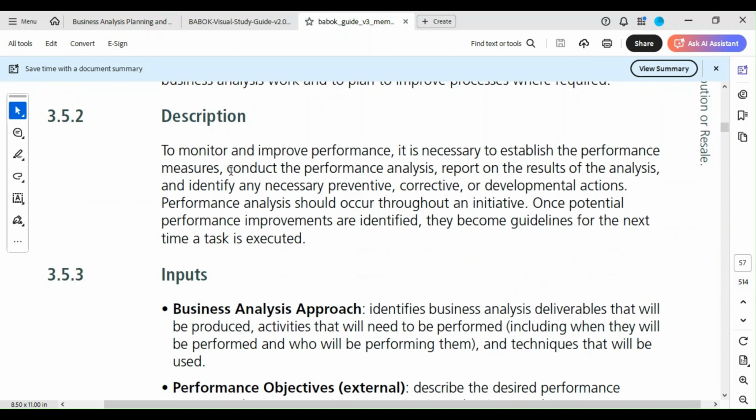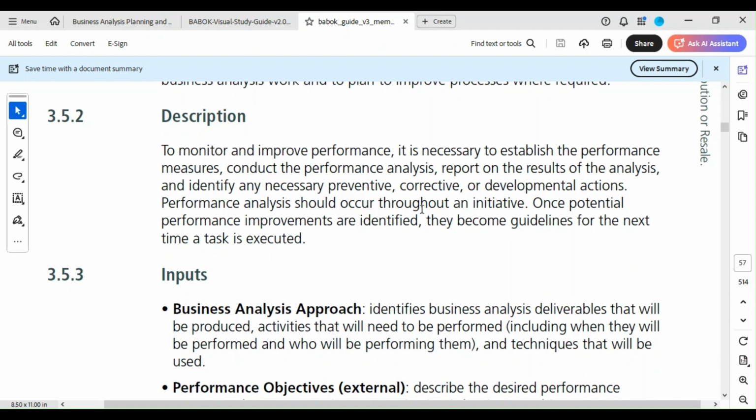Okay. Also, it is good you conduct the performance analysis. So you also conduct your performance analysis. You look at the performance you have on ground so far and analyze it critically or review it. Also, it's good that you report on the results of the analysis.